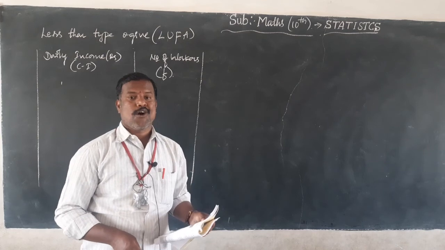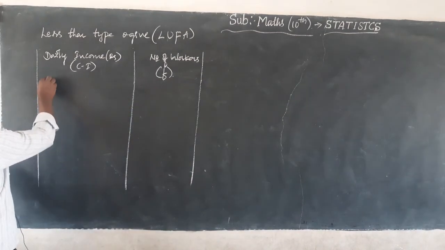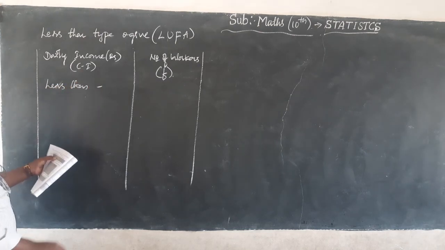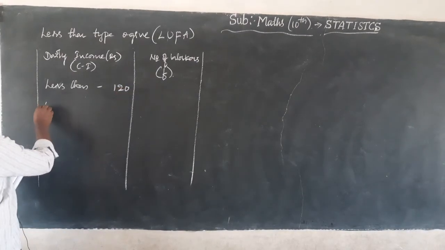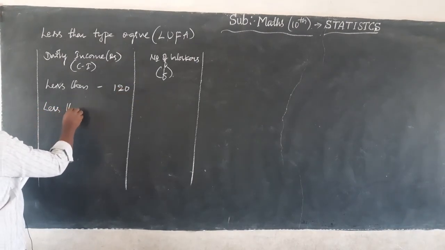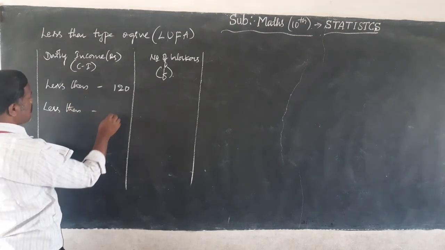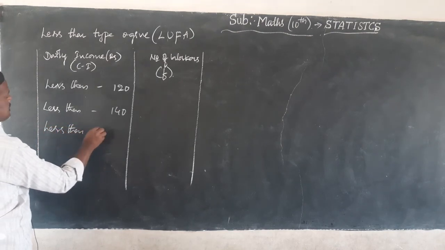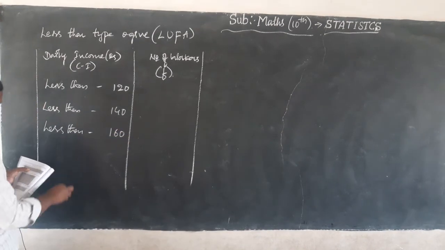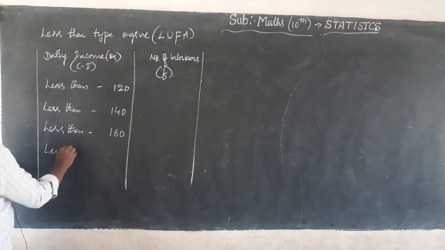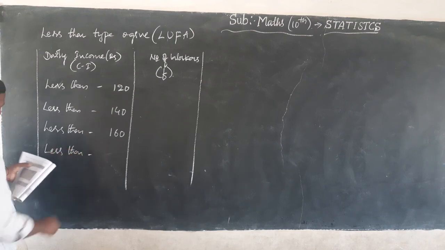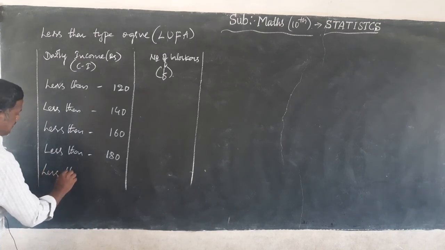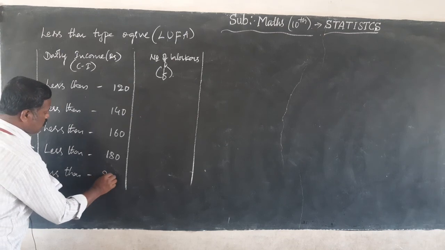Let us take less than upper limit 120, less than upper limit 140, less than upper limit 160, less than upper limit 180, less than upper limit 200.